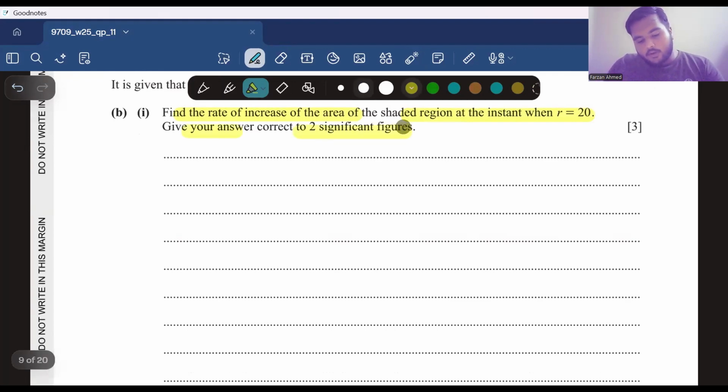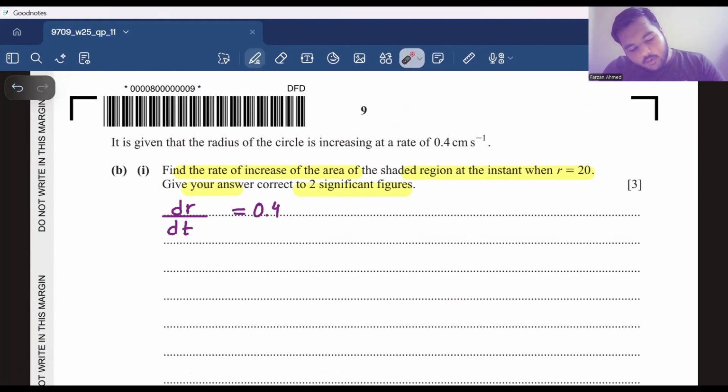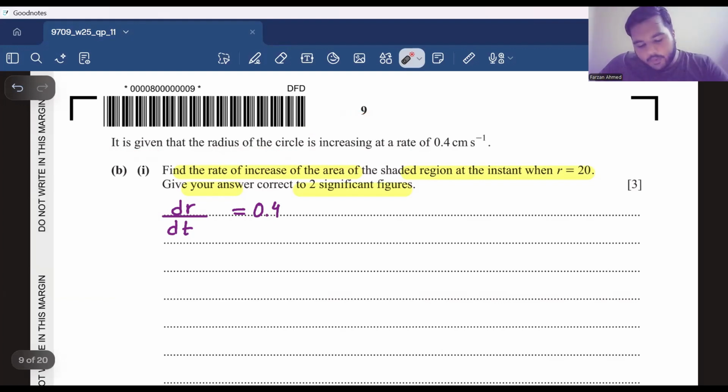So first of all, we have dr over dt, which is 0.4. How do I know that this is dr over dt? Because they are saying it is given the radius of the circle is increasing at a rate of 0.4. This is a circle measure question.